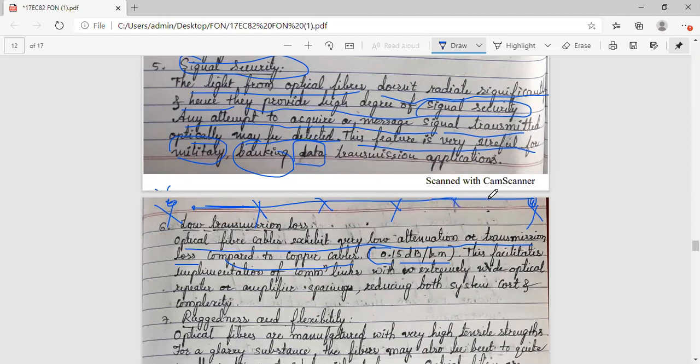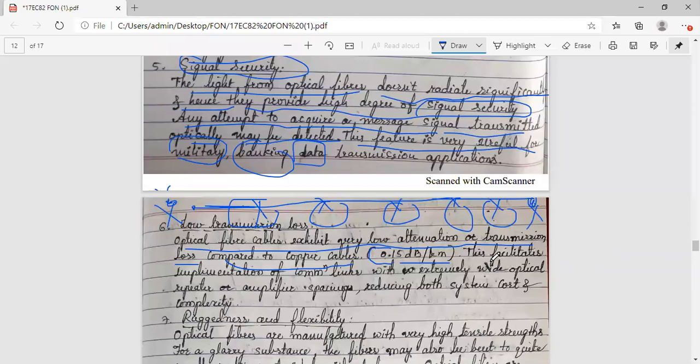In kilometers, you can imagine how many repeaters and amplifiers are required. But as the attenuation is less, the number of repeaters or amplifiers used between the communication links will be reduced.